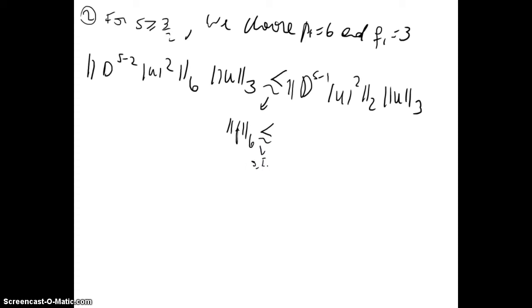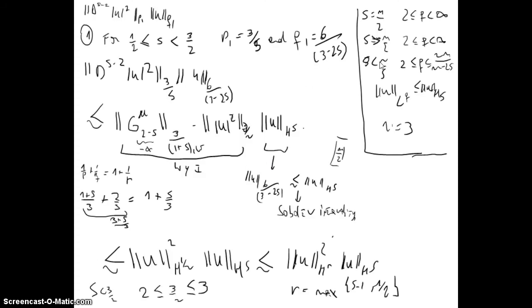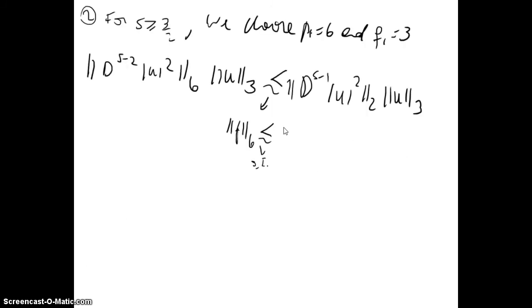Now we are in the case where s is greater than 3 halves, so q can be between 2 and infinity. In this case it is 6, and so this will be less than or equal to the H^s norm, and if you remember, we used it on the other side, we can use it on this side also.